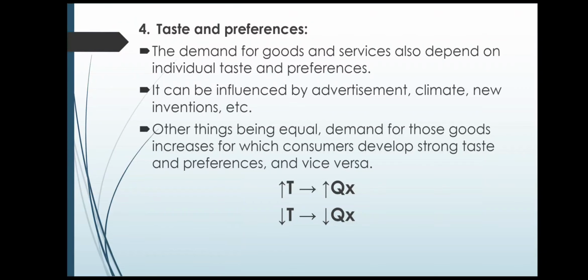So other determinants need to be constant, and if there is only taste and preferences which is playing a role, there will be change in demand according to these tastes and preferences. When taste and preference is in favor of a particular product, its quantity demanded is going to rise. And if a particular product is not being favored by an individual, the quantity demanded will fall.